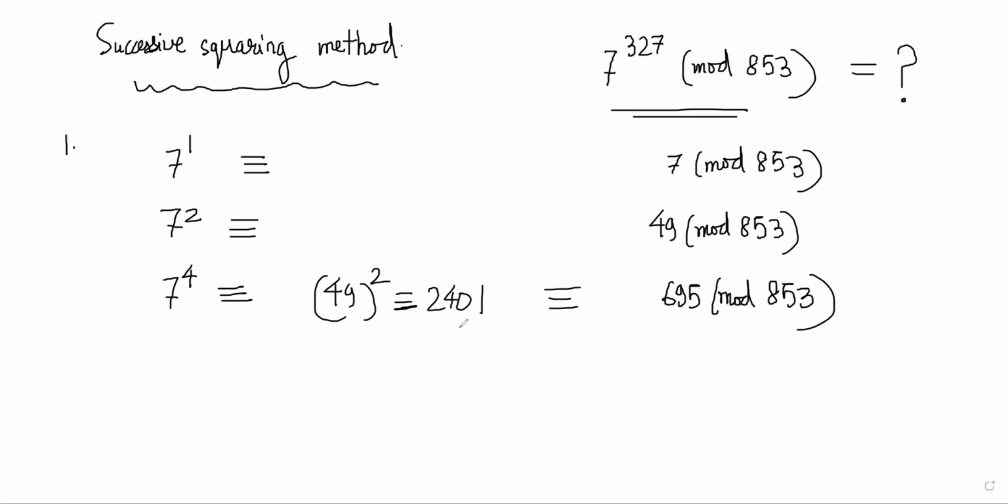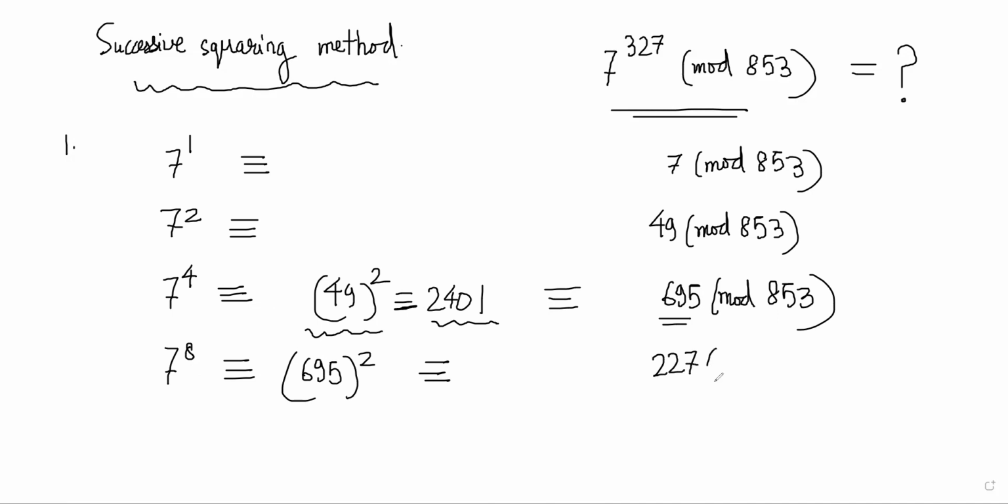So you find the squares and then you take mod 853 to get your final answer. Similarly, 7^8 will be congruent to 695 squared, since we already know 7^4 was this. After calculation and taking mod 853, it comes out to be 227 mod 853.